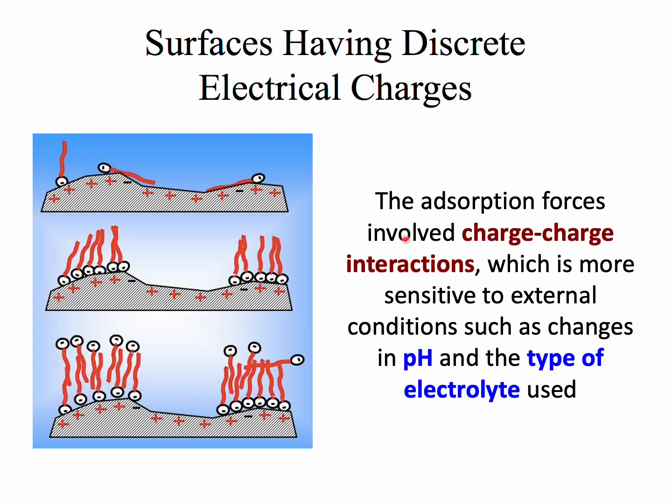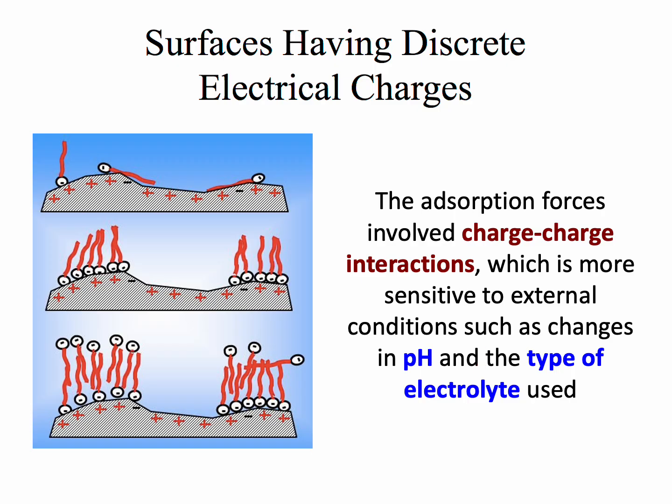However, one important point to note is that this type of interaction is very sensitive to external conditions. For example, changes in pH can alter the surface charge, while the types of electrolyte present can influence how strong the electrostatic interaction is.